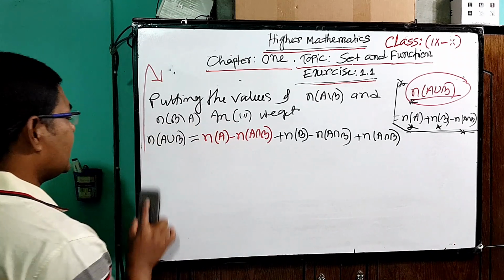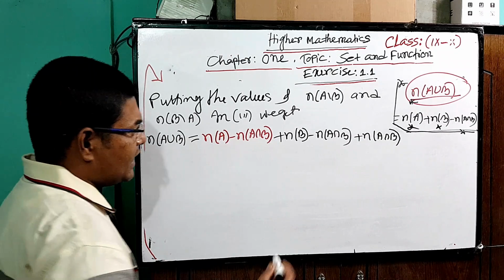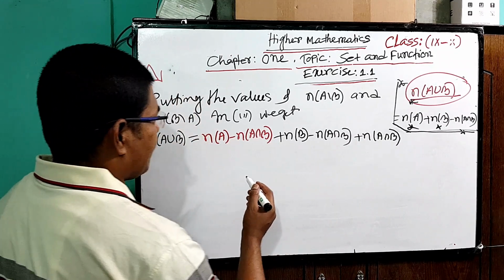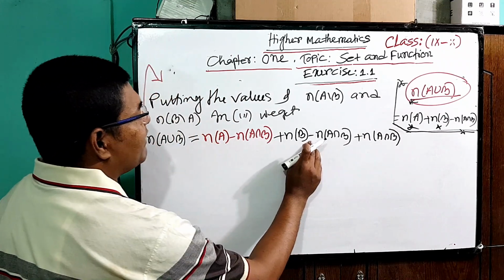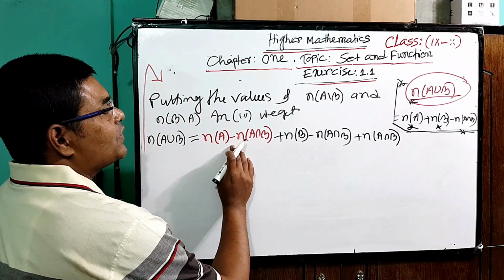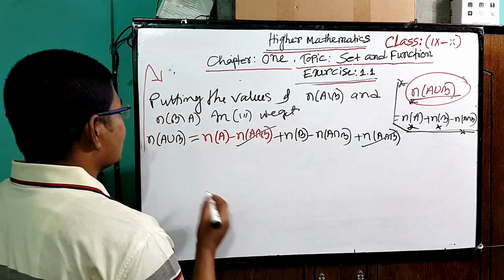So you can see here the same thing. N of A intersection B, this is minus, and this is also minus. So minus and plus cut.